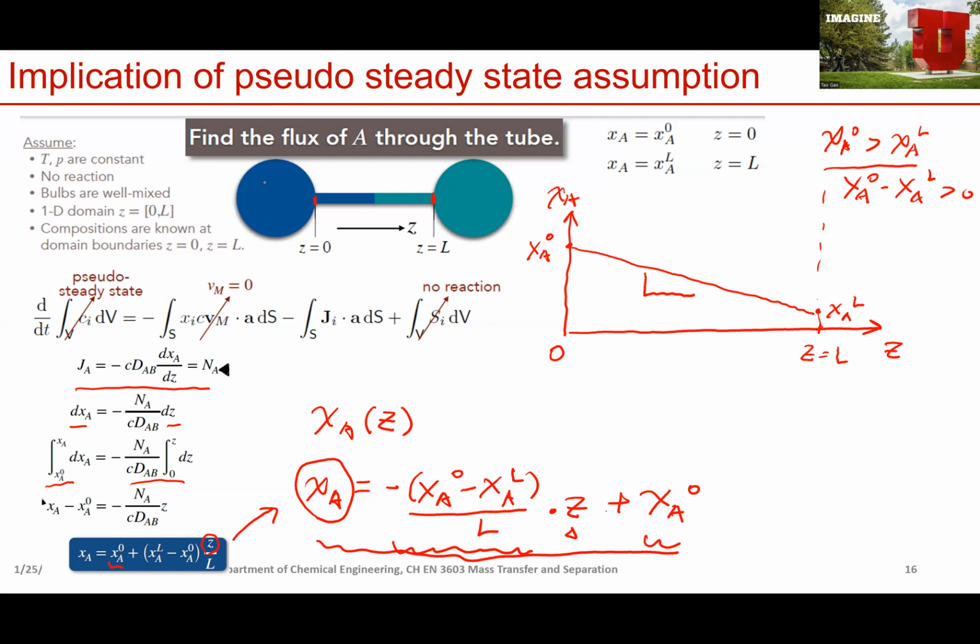We have higher concentration on the left than on the right. So the concentration gradient is going to slope from left to right. And the slope here is (XA0 minus XAL) divided by L, with a negative sign. And the intercept with the y-axis is XA0. That's where you get it.